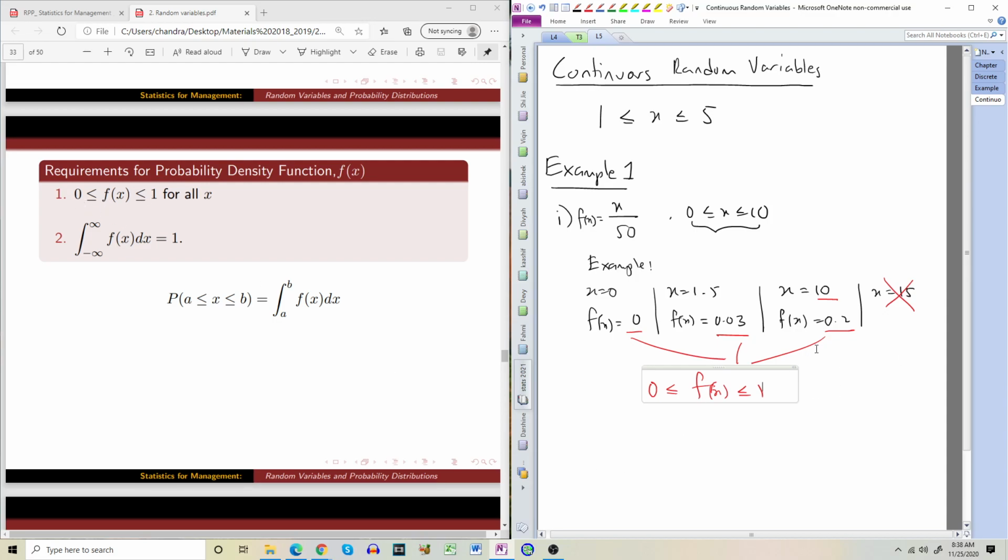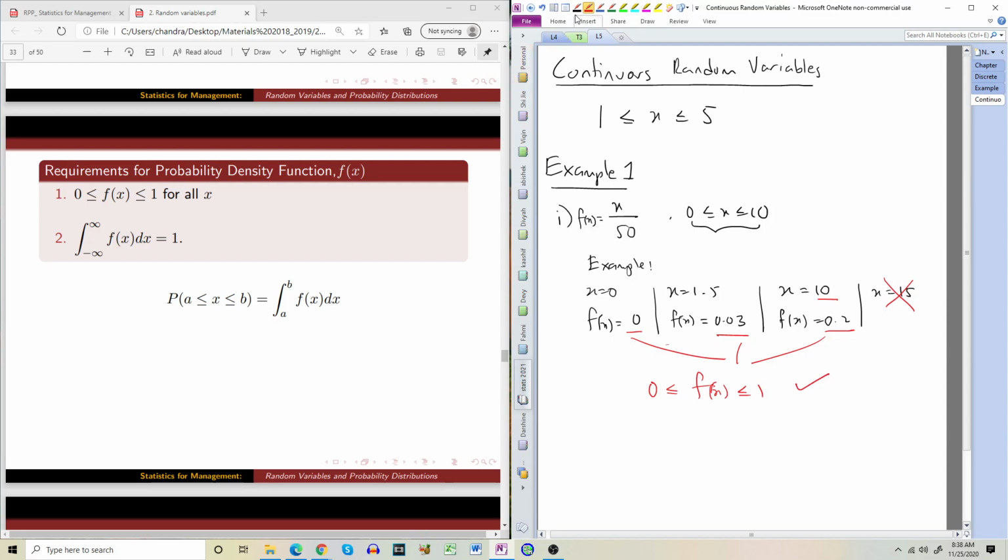You can choose any value you want and substitute inside there. You will see that the function is between 0 and 1. First condition fulfilled.